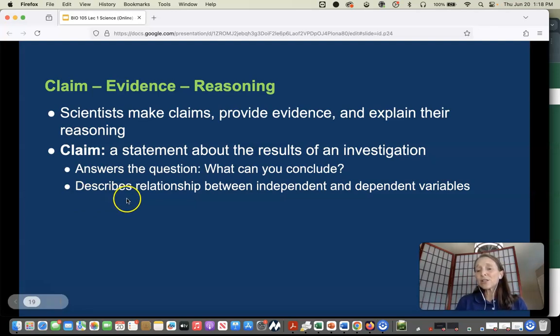And then you're going to describe the relationship between the independent and dependent variables.